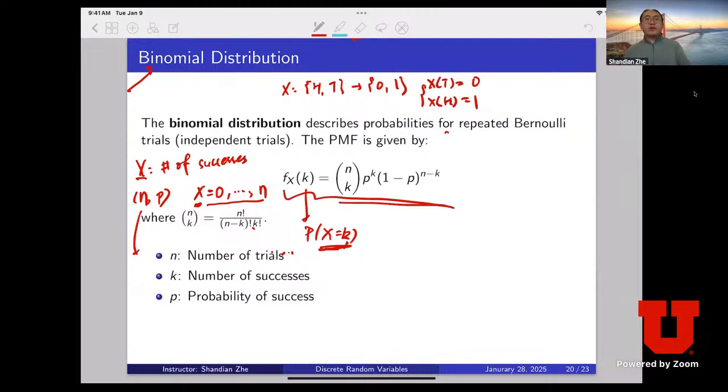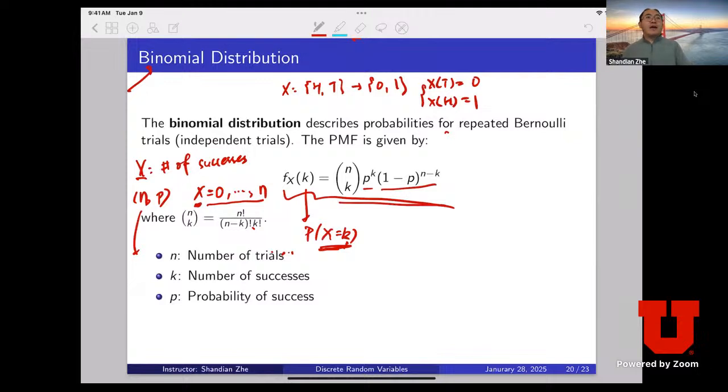For each sequence, the probability you see that sequence is p to the k, 1 minus p to n minus k. Why? Because the result for every trial is independent. So you see k heads, and the probability of all these k heads is p to the k. For the remaining, you see tails, and the probability is 1 minus p to n minus k.